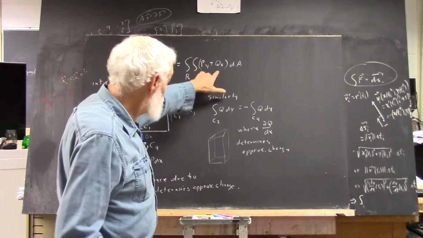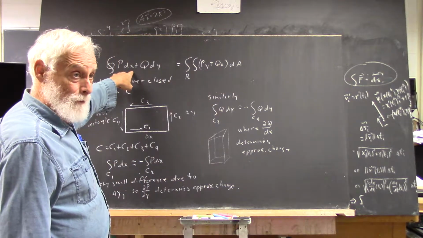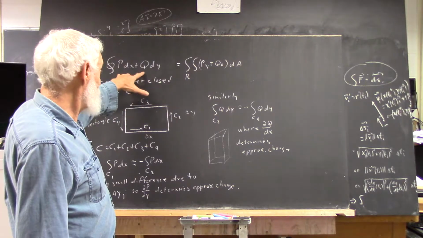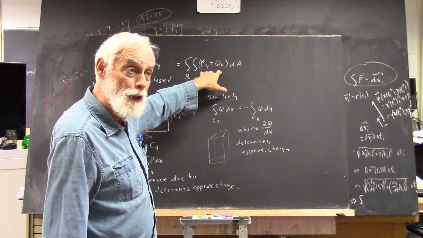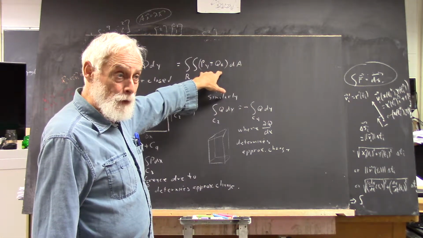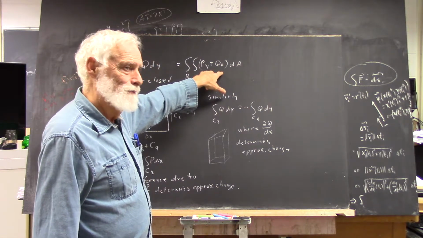And sometimes this integral is easier to do, and sometimes this integral is easier to do. Okay? There are expressions like this that you can't even begin to integrate, but when you do the partials, you get something that you can integrate over the area. And there are cases where this is just impossible.